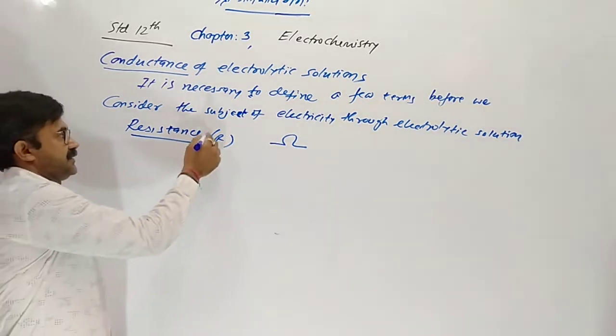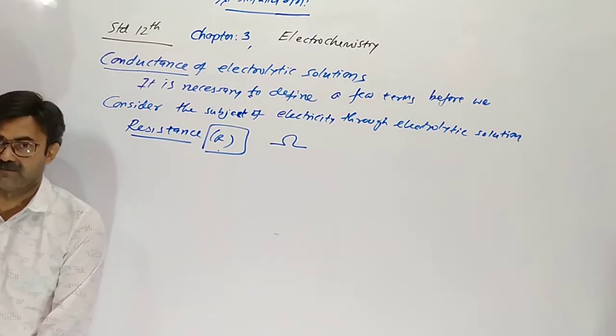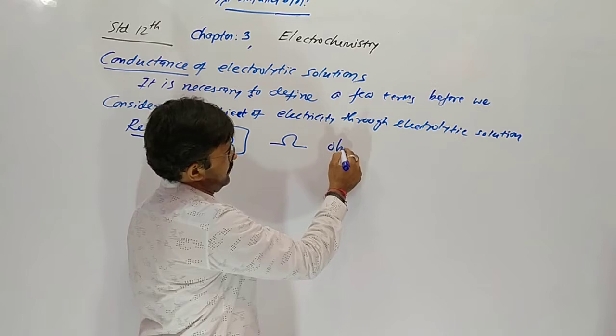Resistance is represented by capital R and its unit is ohm. This symbol is ohm.